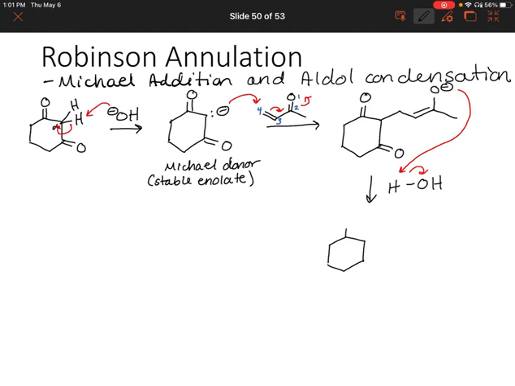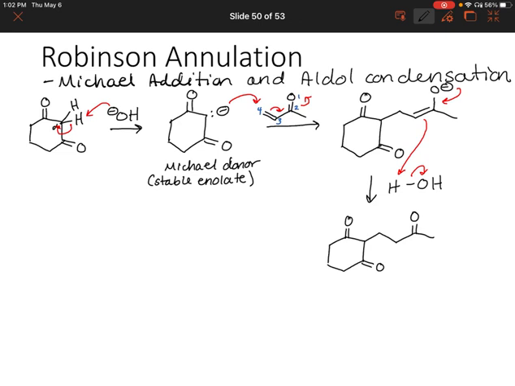Oh, actually, you know what? Just to simplify this, I'm going to just show the oxygen reforming its double bond, and then I'll show the alkene protonating itself, just so we can skip that tautomerization step between the enol and the ketone. That'll be easier. And you can always do that on a test. I'll know that you know what you're doing.